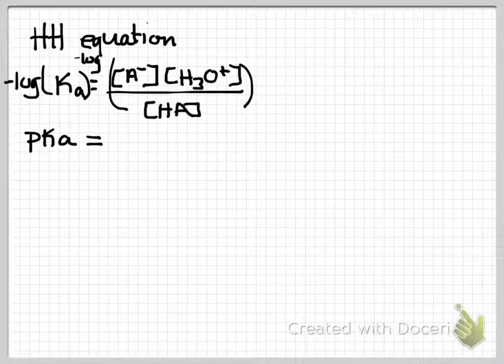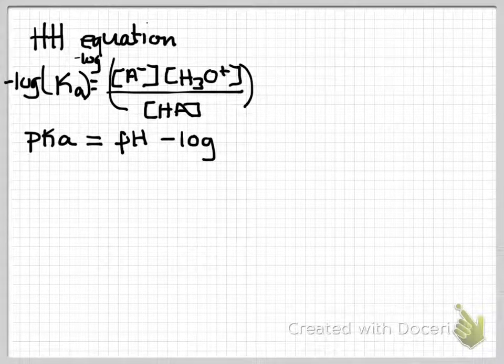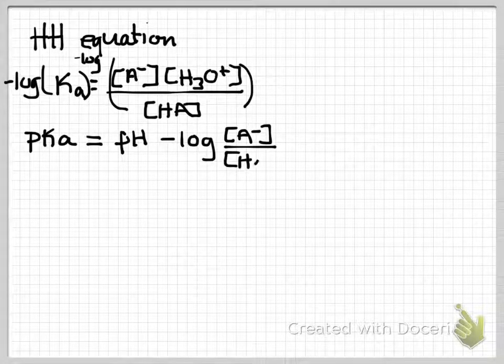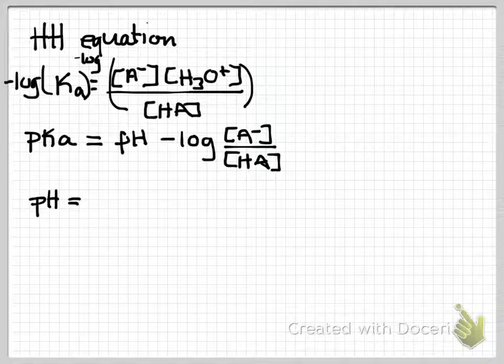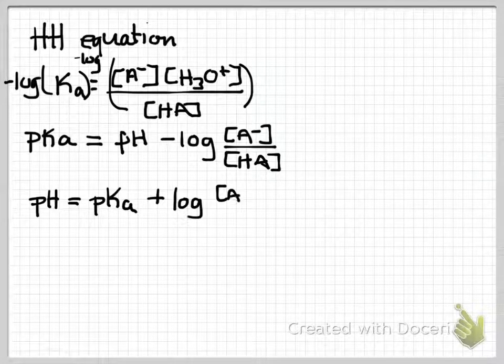And then you get the negative log of the pH minus log of A minus over HA. And we relate this back to the pH, just solving for pH equals pKa plus the log of the A minus over the HA.